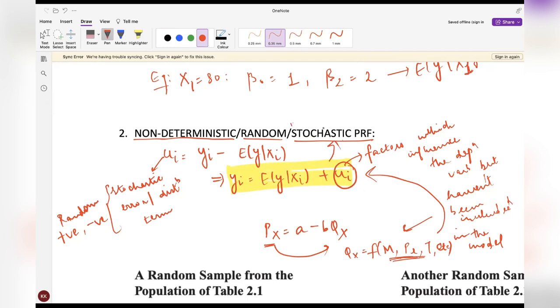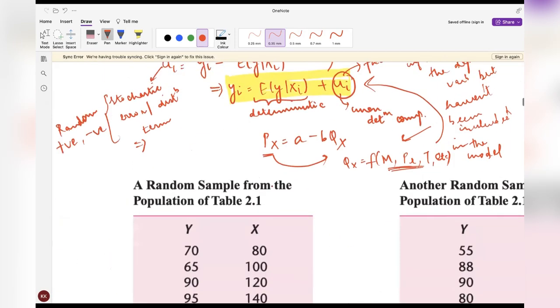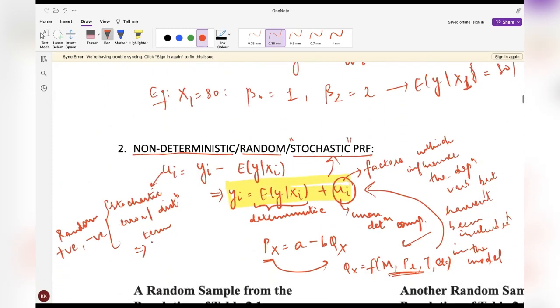Why is it stochastic? Because of our random error term. And this component is our deterministic component, and this is our non-deterministic component. And we know that expected value of y given xi, as we have seen above, is nothing but beta naught plus beta 1 xi.